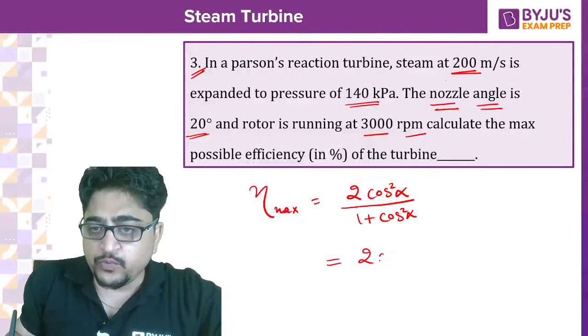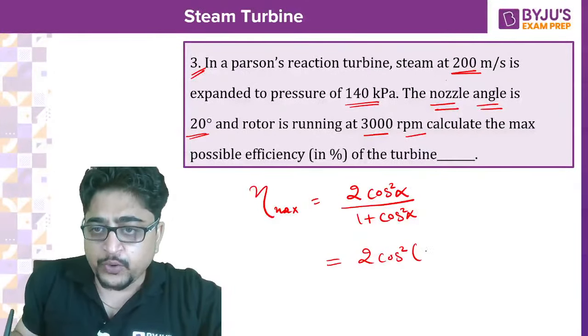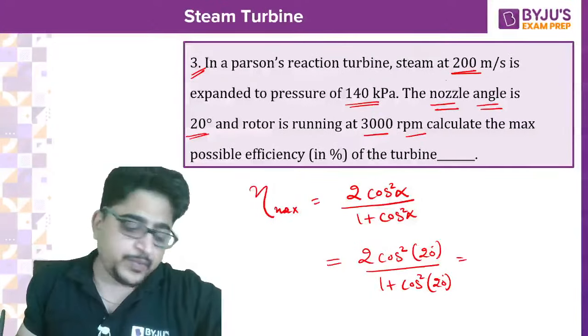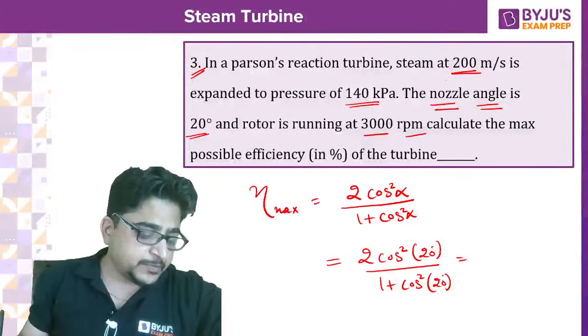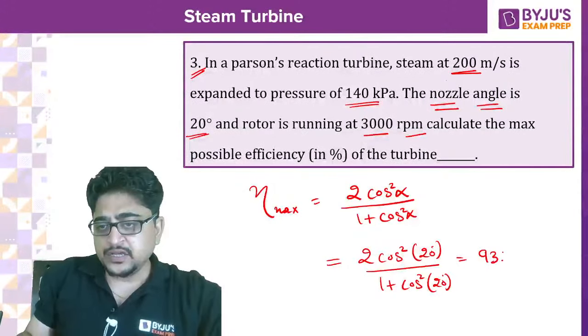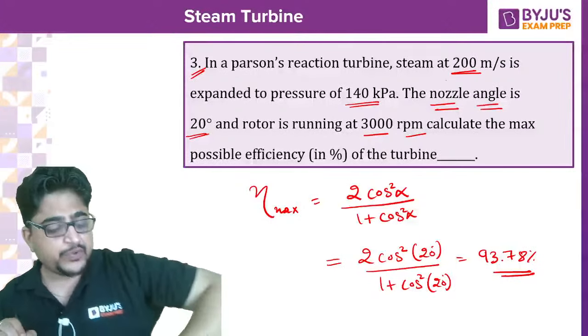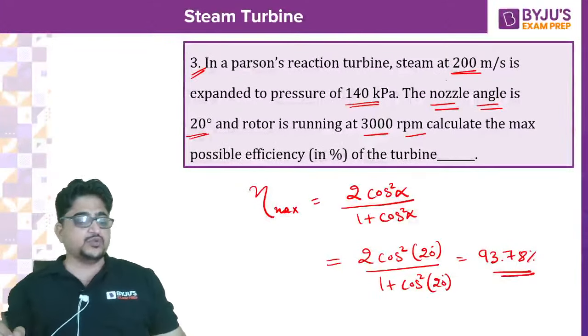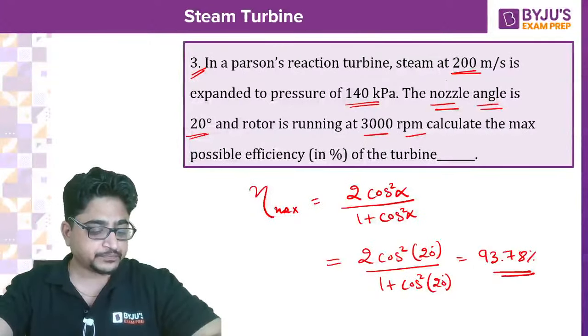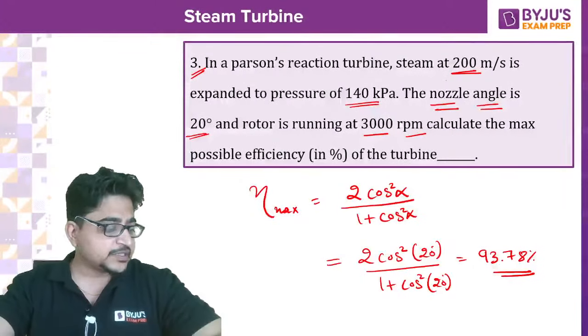So it is going to be 2 cos square 20 degree upon 1 plus cos square 20 degree. Maximum efficiency you will be getting as 93.78%. Is this clear to all of you?